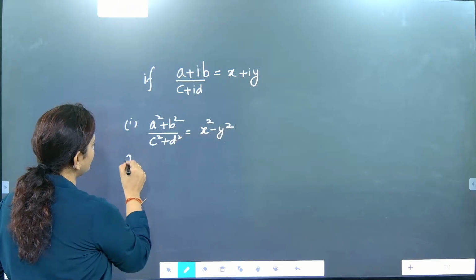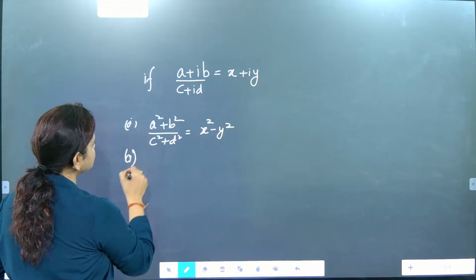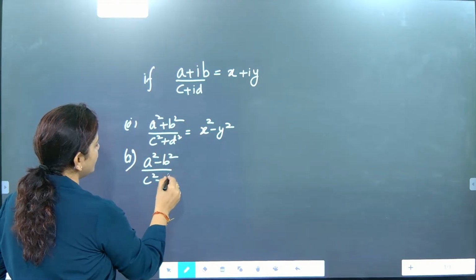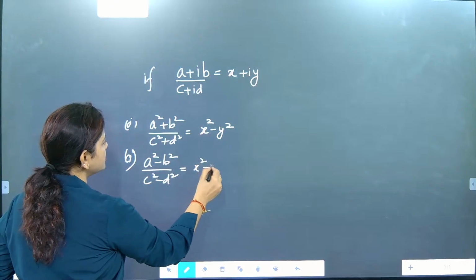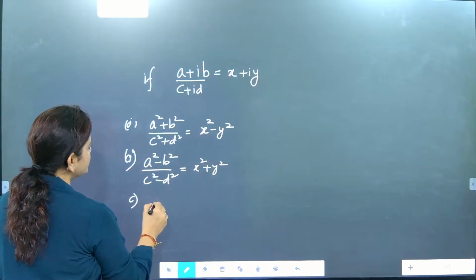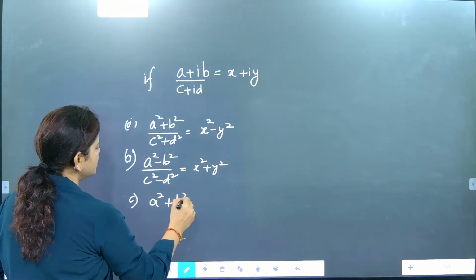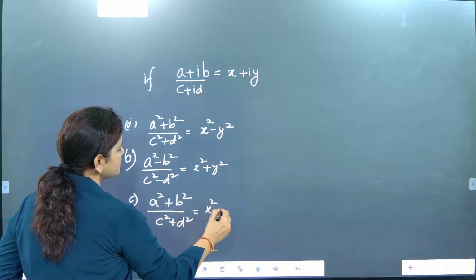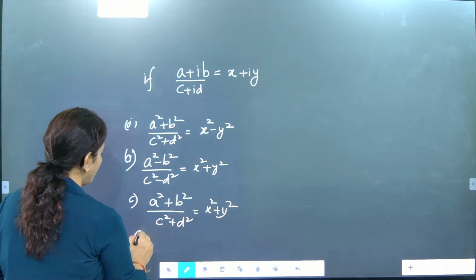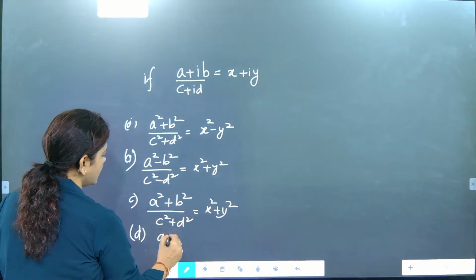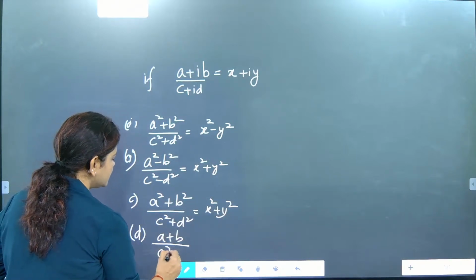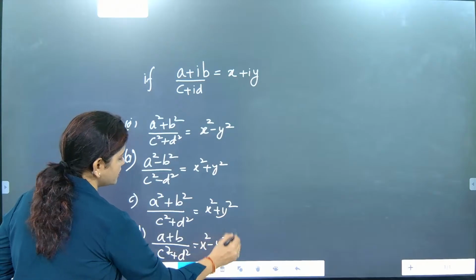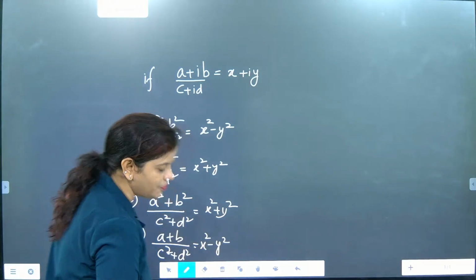Or option B: a square minus b square, c square minus d square is equal to x square plus y square. Option C: a square plus b square, c square plus d square is equal to x square plus y square. Or option D: a plus b by c square plus d square is equal to x square minus y square. So like this, four options will be given to you.